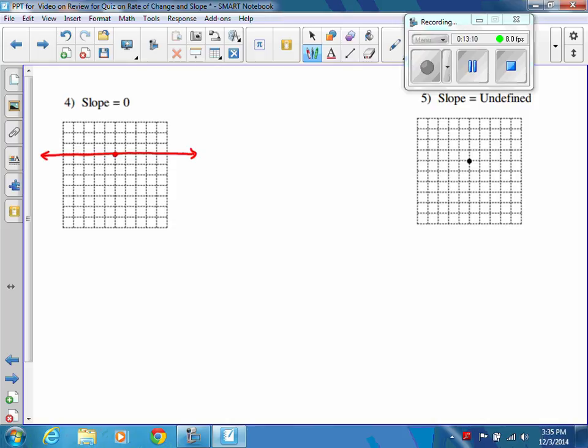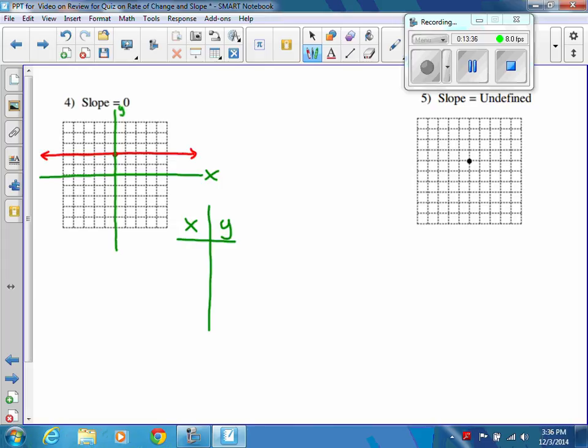Now let me elaborate on this just a little bit more. Let's pretend that this is my y-axis, so this is my y, and this is my x-axis. If I look at my ordered pairs for that red line, I'm just going to do it in a table here, for my x and my y.